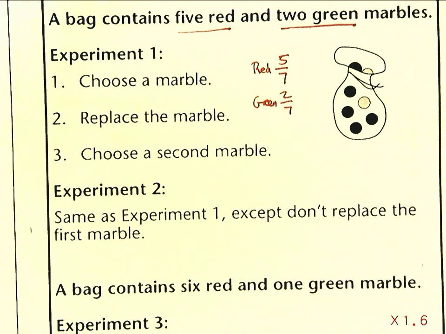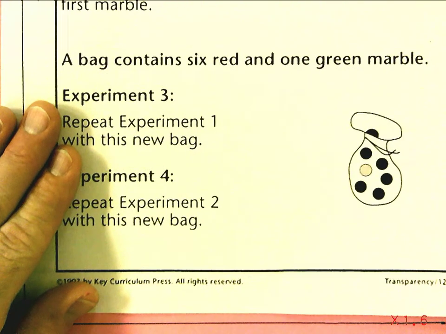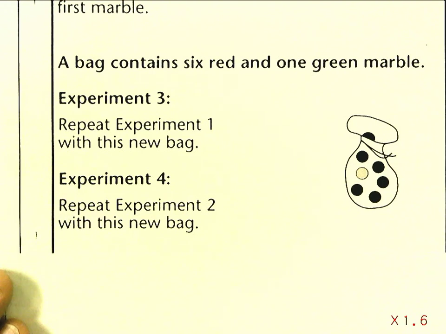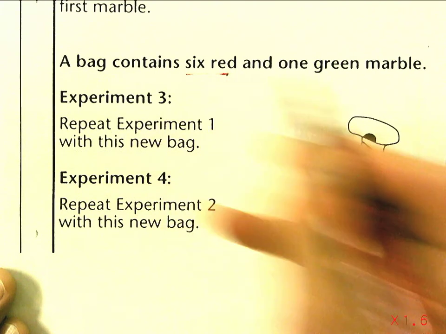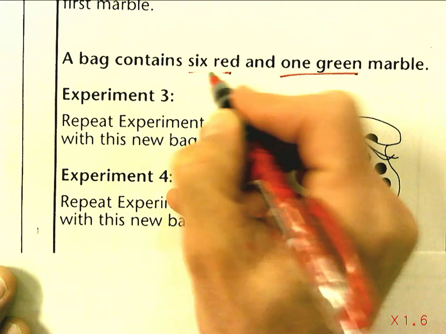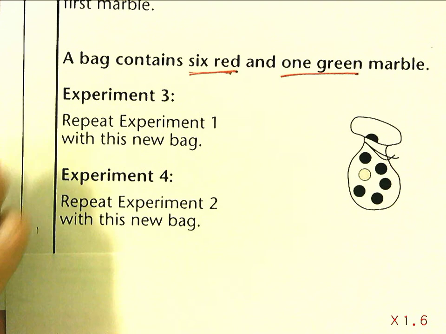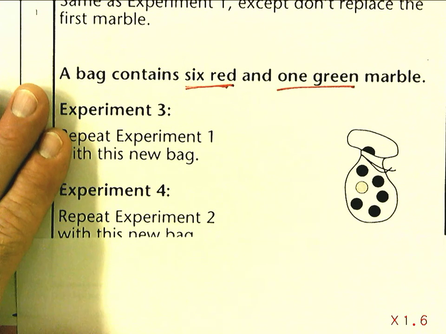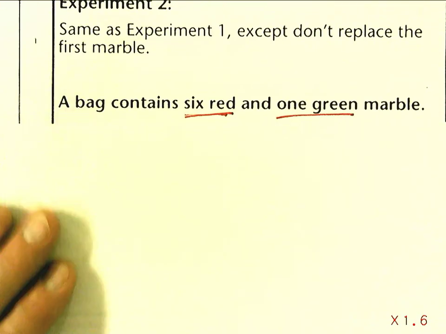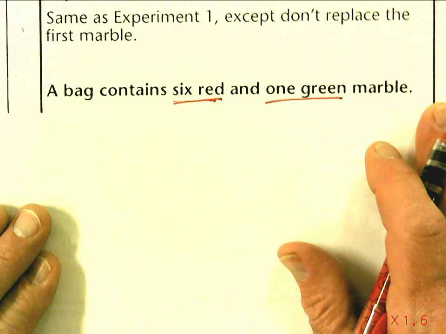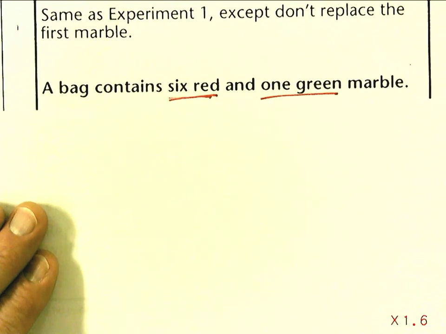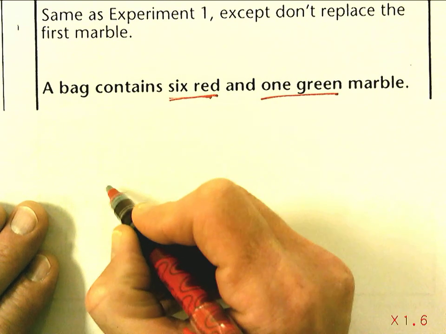So if we do this again, we think of a different scenario or different numbers. So now it says in this second scenario that we have 6 red and only 1 green marble. So we get some interesting things happening in this case. If we think of 6 red and 1 green and 2 draws, if we did it with replacement, we'll do it both ways. Here's with replacement.